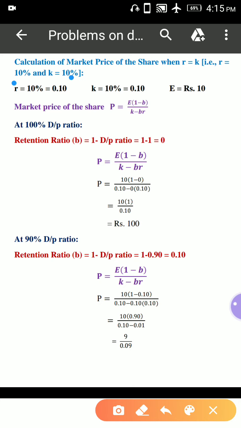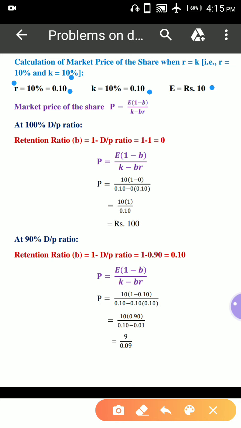R is 10%, that is 0.10, K is 10%, that is 0.10, and there is no change in the value of EPS, as it is the same, rupees 10. Now the formula, everything will be the same.